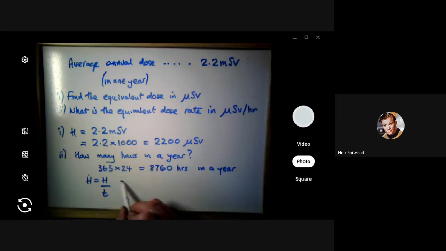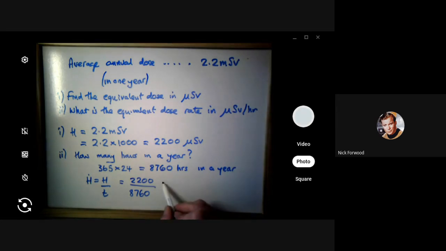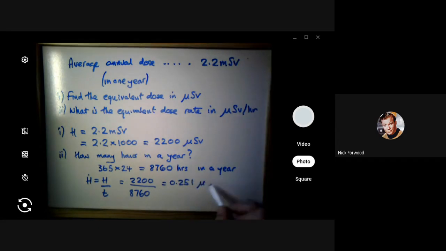I know that my equivalent dose is 2,200, and I now need to divide that by the time period I've been given, which is hours, which you've worked out. That works out to be equal to 0.251 microsieverts per hour. So it's really just going over everything we've done.